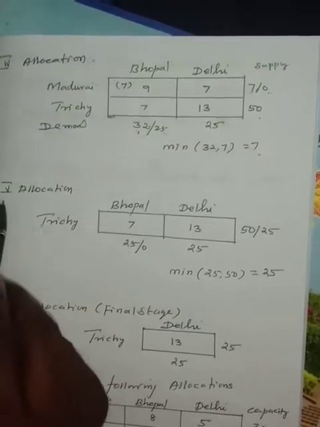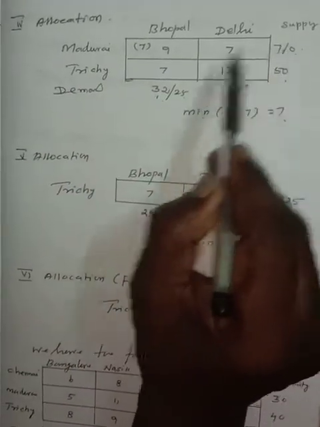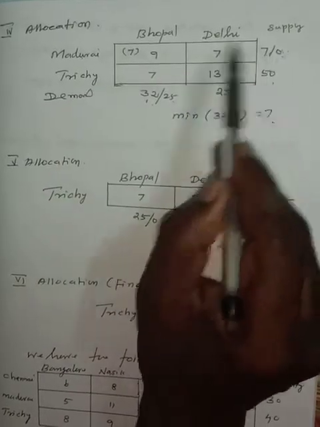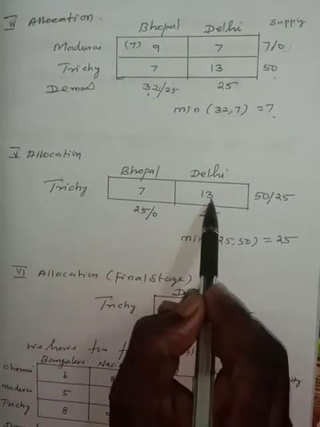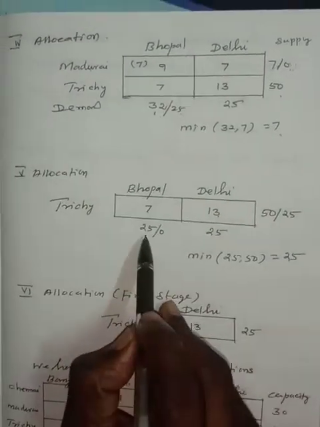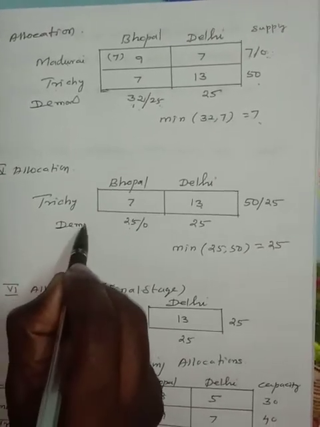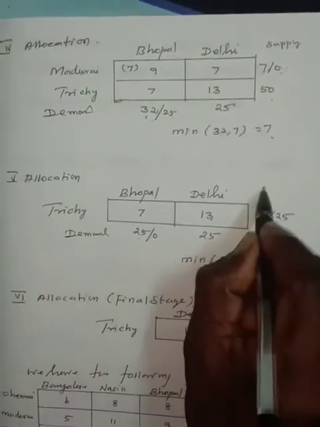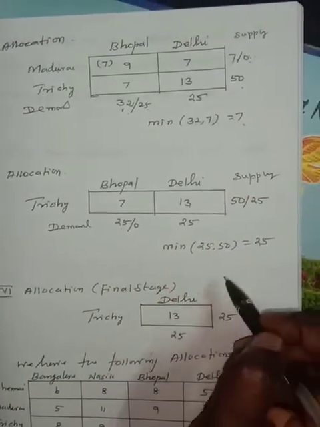Now fifth allocation. 0 is the first row, so delete the Madurai row. Then the Trichy row is 7, 13, with columns Bhopal and Delhi. Here demand 25, supply 50.